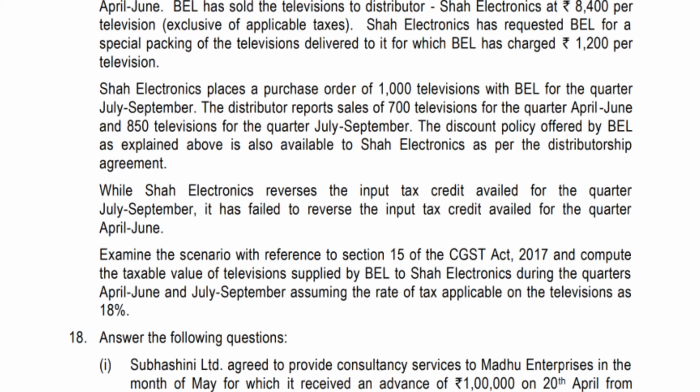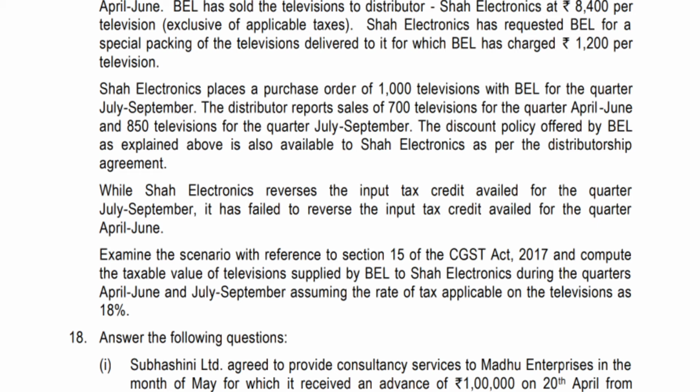What is that? So the rule is that this is a case of post supply discount. So in case of post supply discount, we need to satisfy two conditions. First, the agreement must have been entered into prior to the supply.